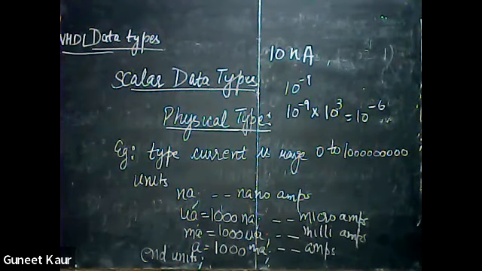The only predefined physical type in VHDL is time.